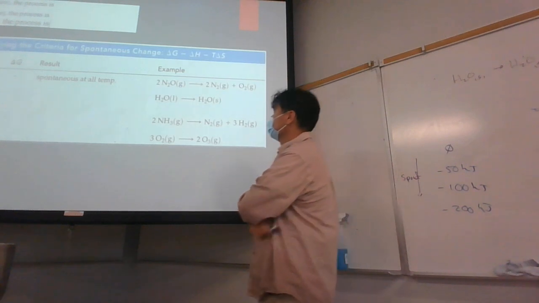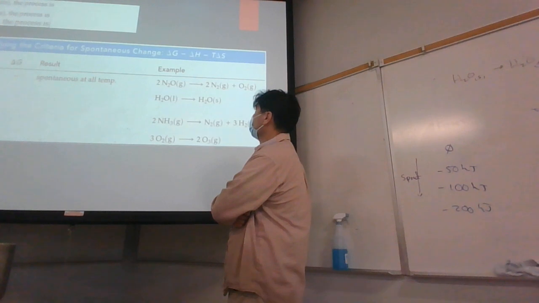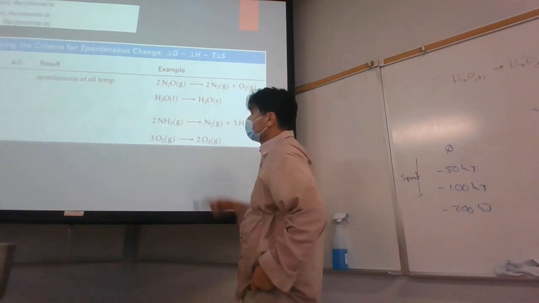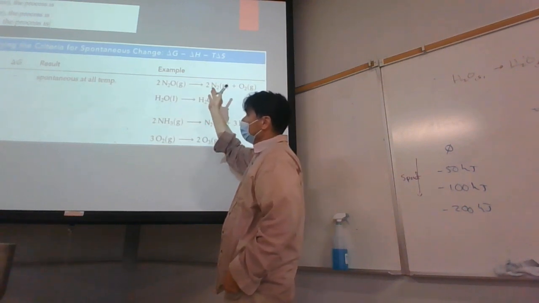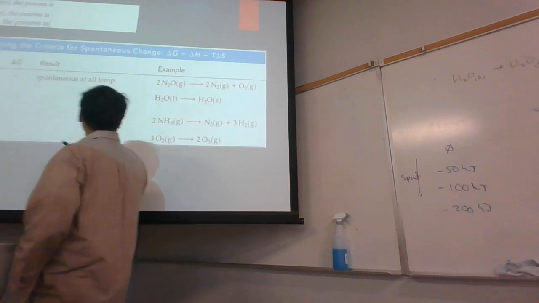What we're going to do is just assume it's under standard conditions and that we're at 298 Kelvin. And so if we're under standard conditions at 298 Kelvin, then these would be all delta H naught, delta S naught, delta G naught at 298.